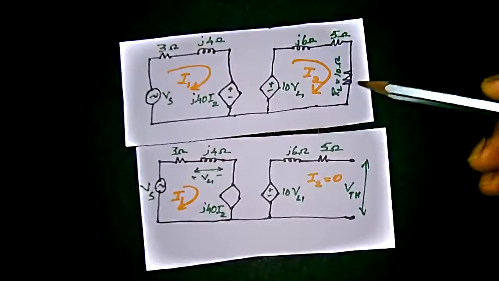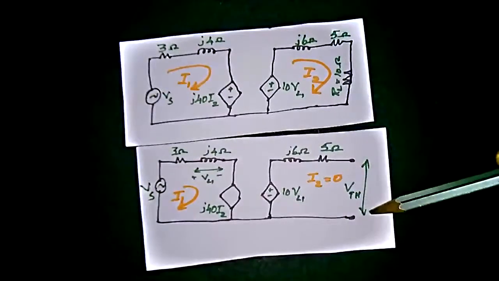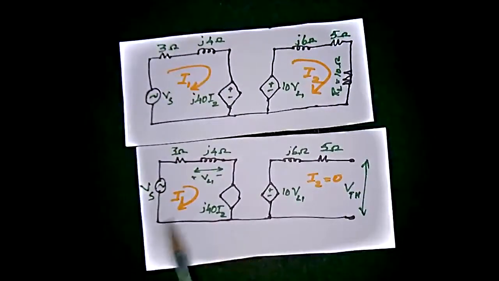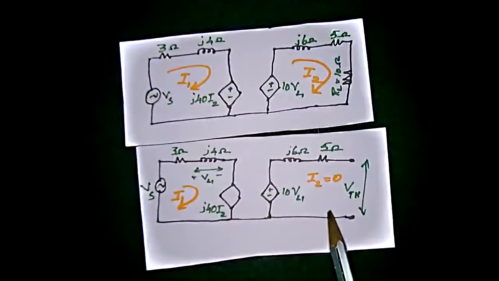By removing the load resistance, the circuit will look like this. We have the same elements here, but in this loop there is no current flowing, because there is no loop formation.